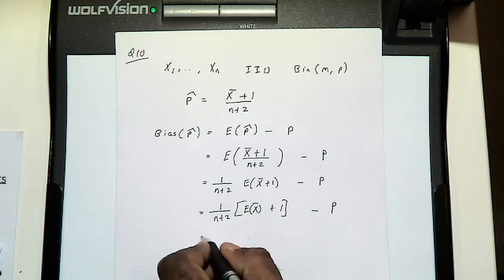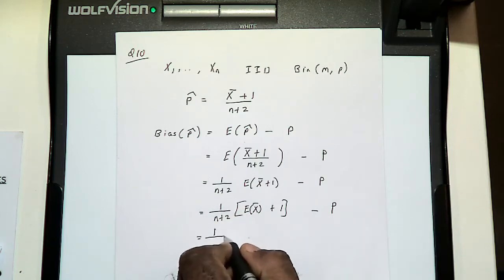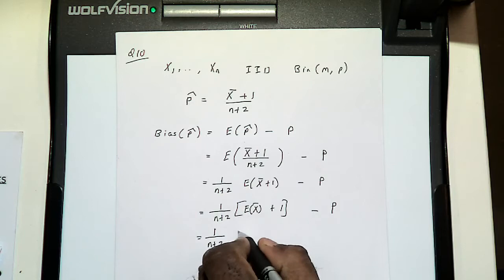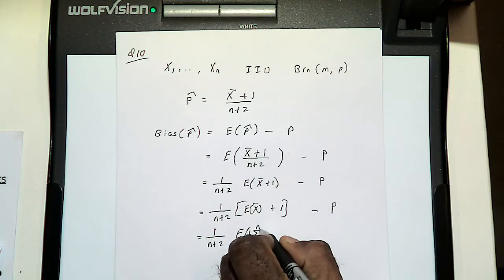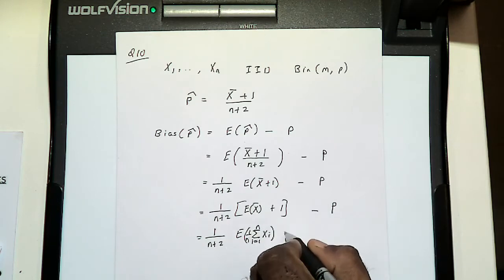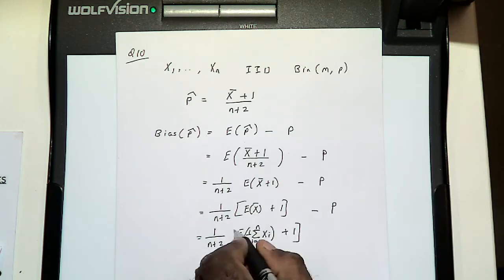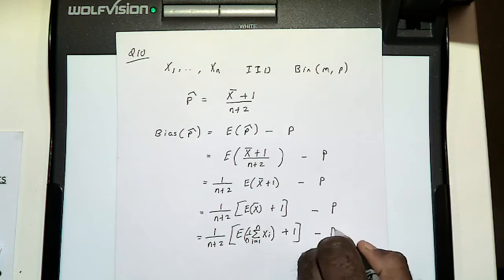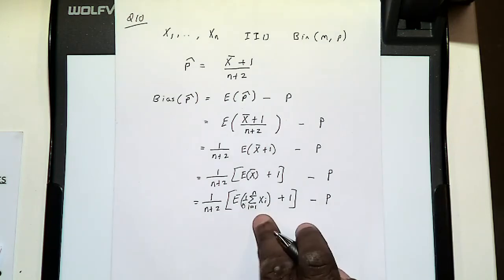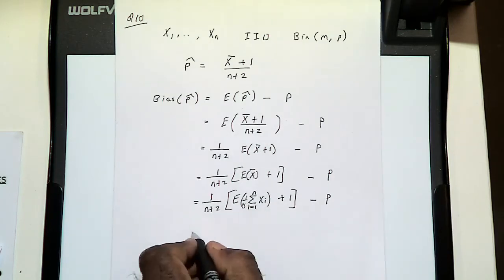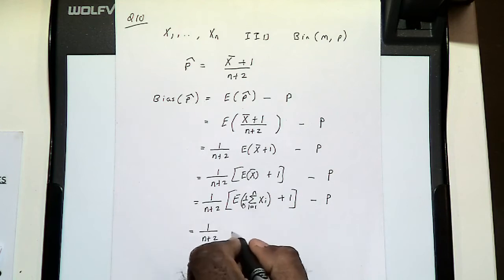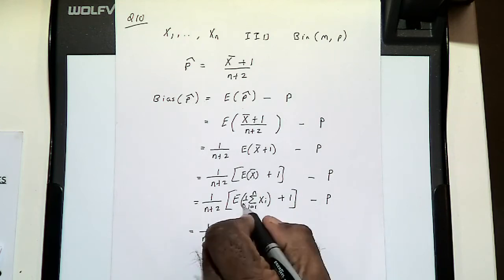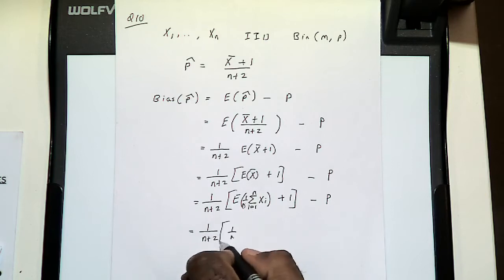Now to find the expectation of x bar, you just need to put in the sum. I'm doing this slowly, but I could have done it in one step. I'm just doing it slowly for you guys, because I want you to follow this clearly, because it's easy to get confused. Now the n here is a constant, so you can pull that outside.